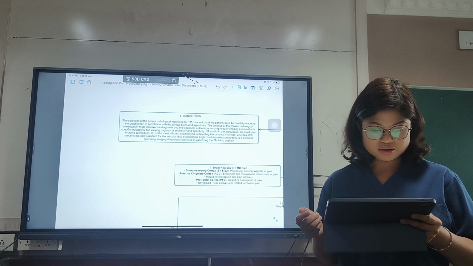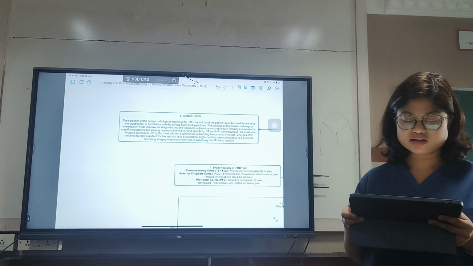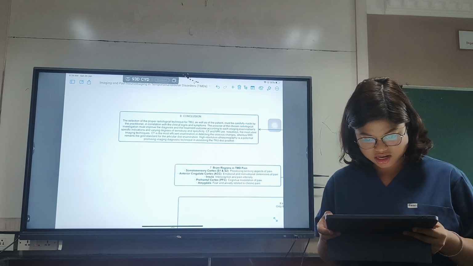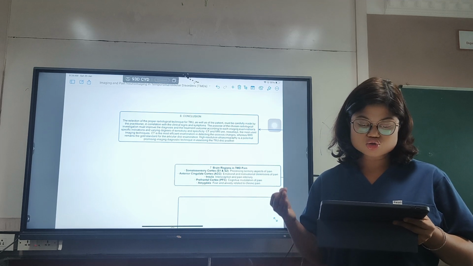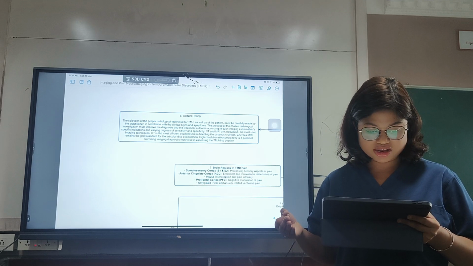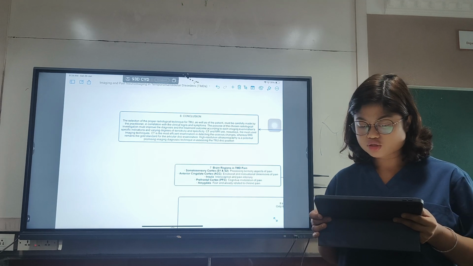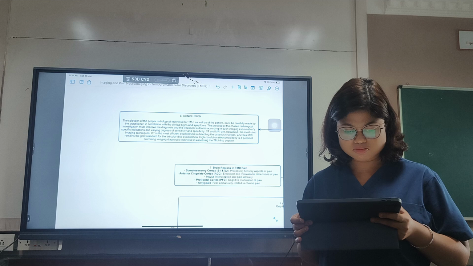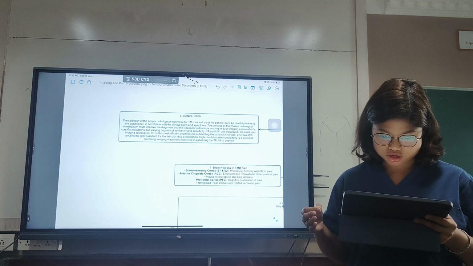So coming to the conclusion, among these four, the selection of the proper radiological technique for the TMJ is needed, as well as the cooperation of the patient, and it must be carefully correlated with the clinical signs and symptoms of the TMD disorders. The purpose of the chosen radiological investigation must be to improve the diagnosis and the treatment outcome. That should be the ultimate goal.